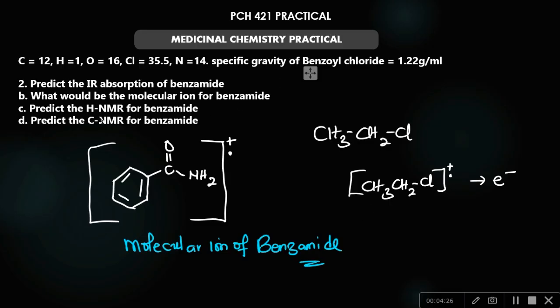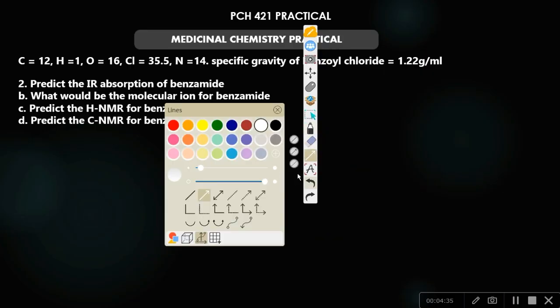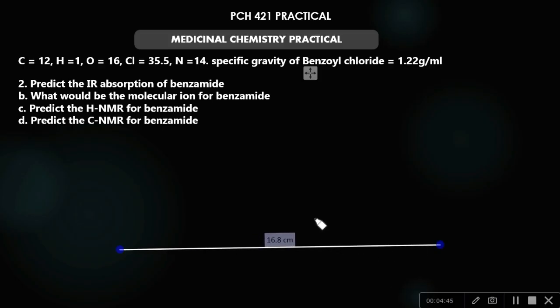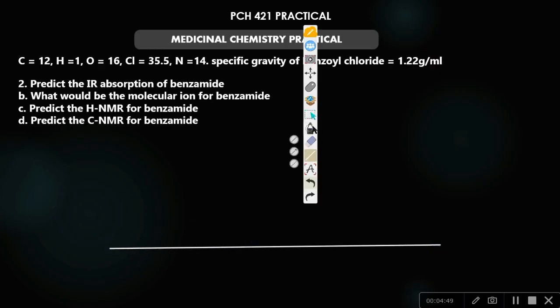Now the next question says, predict the HNMR for benzamide. Predict the HNMR for benzamide. If you are to predict the HNMR from benzamide, from all we have learned about NMR spectroscopy, what do you think we can do? First of all, we need to look at the various protons in benzamide.